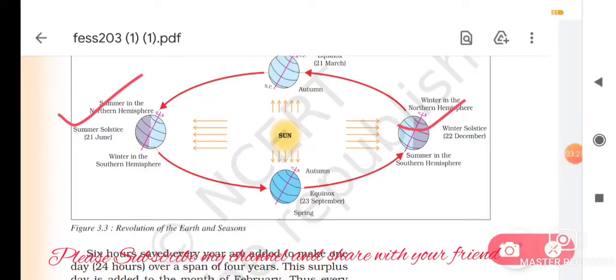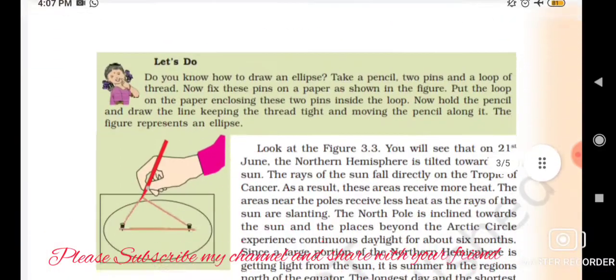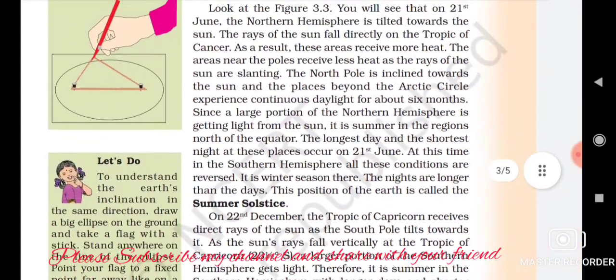On the 21st June, the longer day and the shorter night take place in the northern hemisphere, and the reverse condition happens in the southern hemisphere. So what happened on 21st June, or what is the summer solstice?